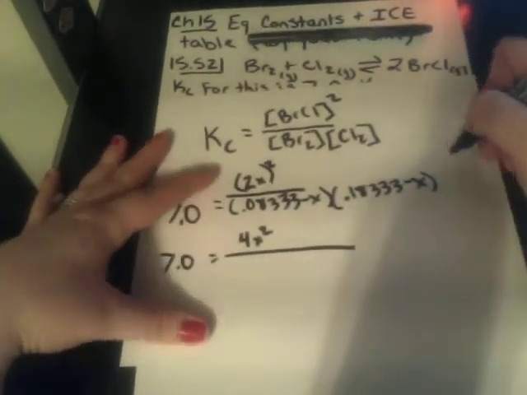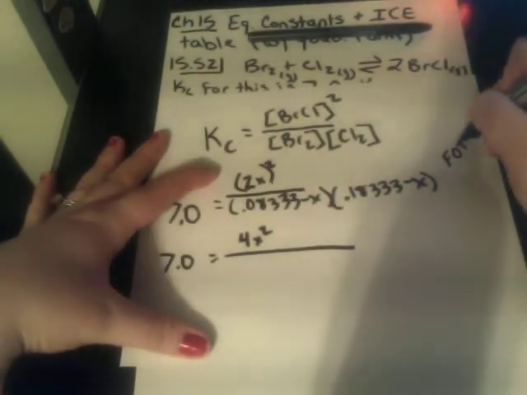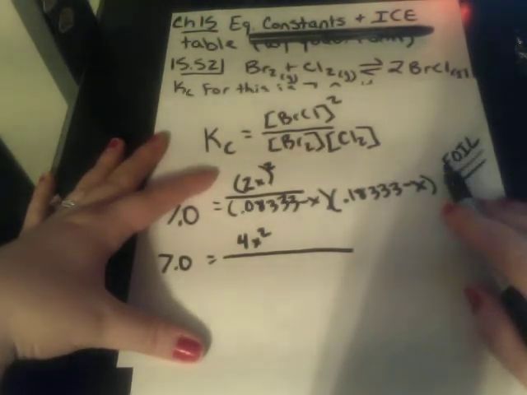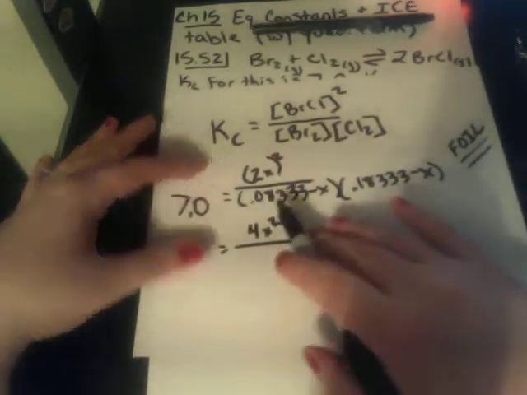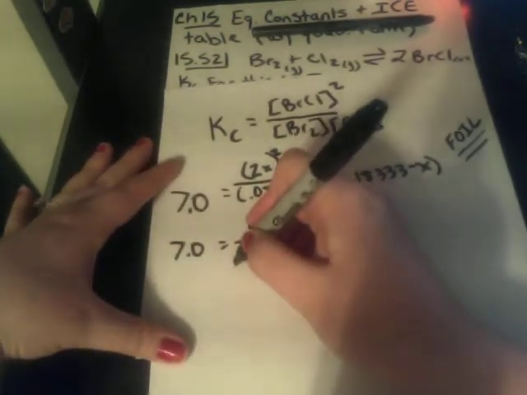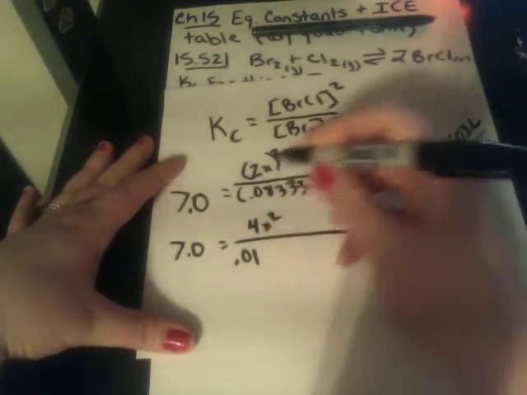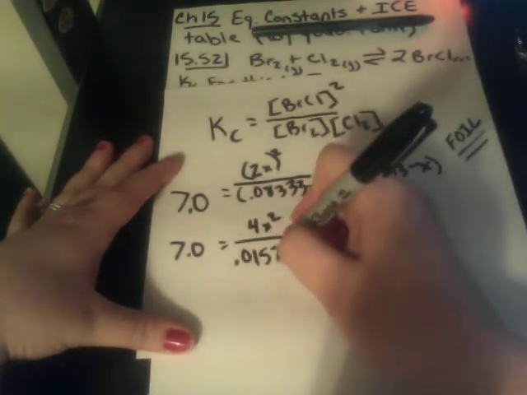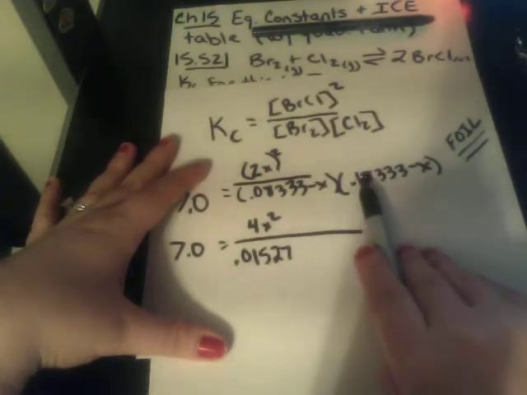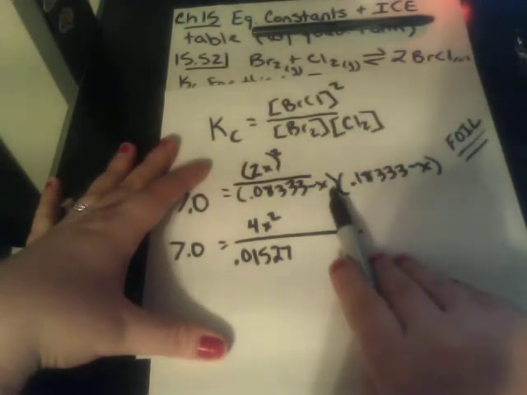So this is where you have to FOIL. If you guys don't remember that, really practice. You have to do the first, the outside, the inside, and the last. So if you multiply these firsts, you're going to get 0.01527. This is going to be 0.18333 minus x.